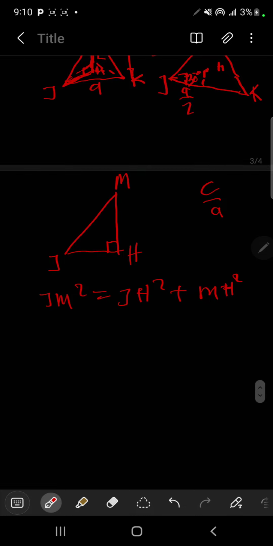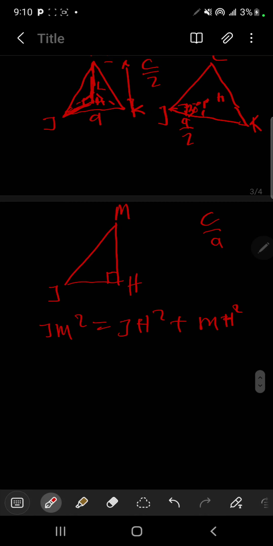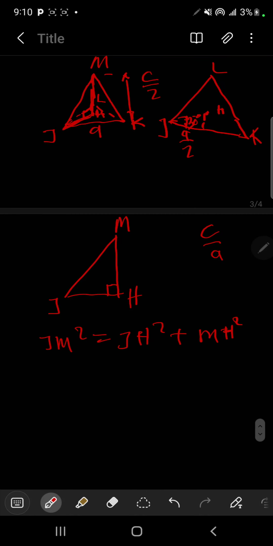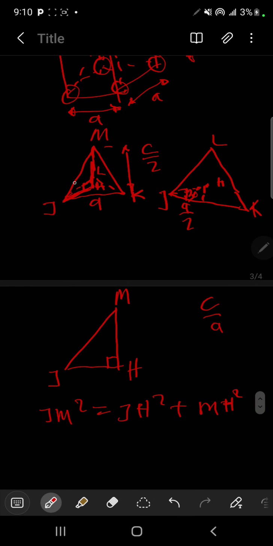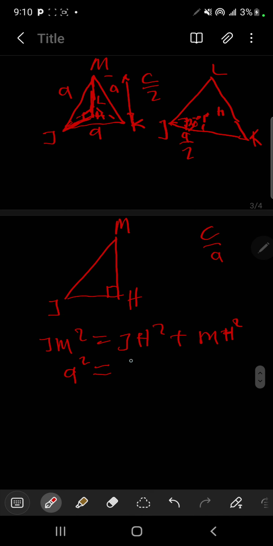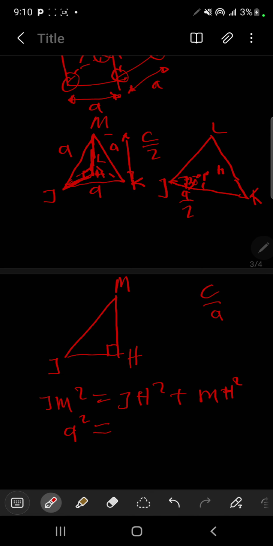We just want to have C and A as the two variables. What can we do from here? First, notice that JM, because this is an equilateral triangle, this is also A, this is also A. So this is A squared. We have eliminated the first term, but we want just two variables, C and A, so we need to eliminate JH squared as well.